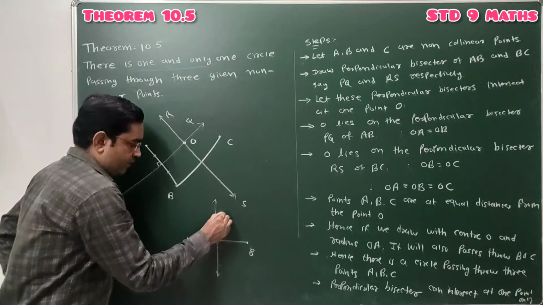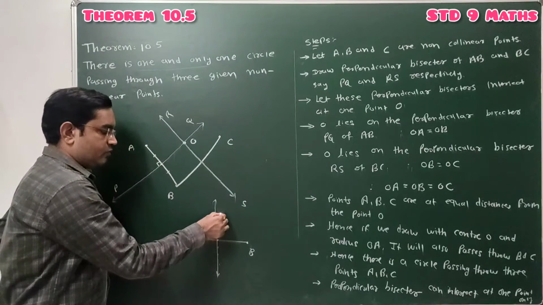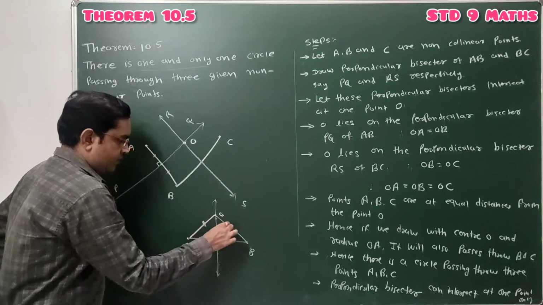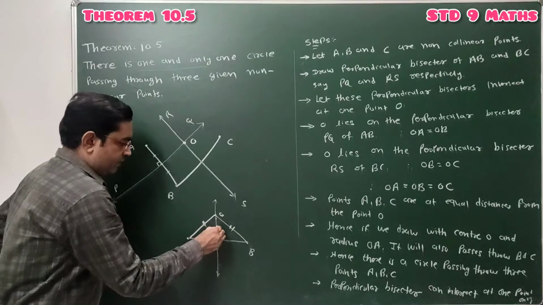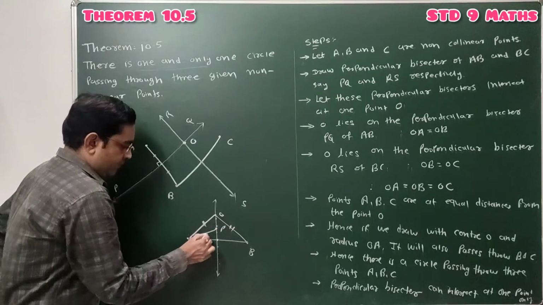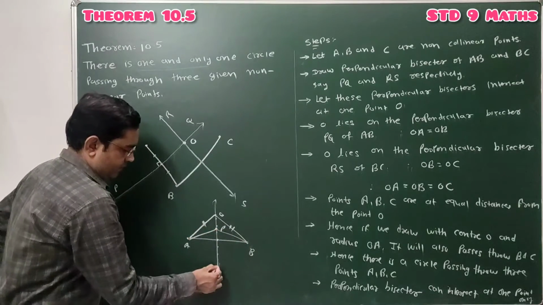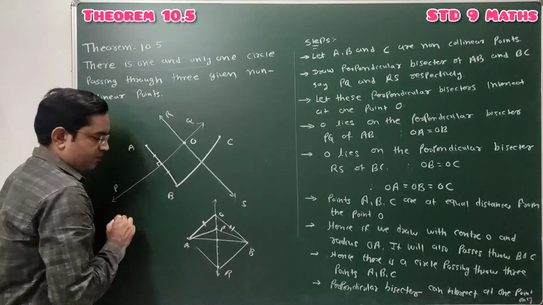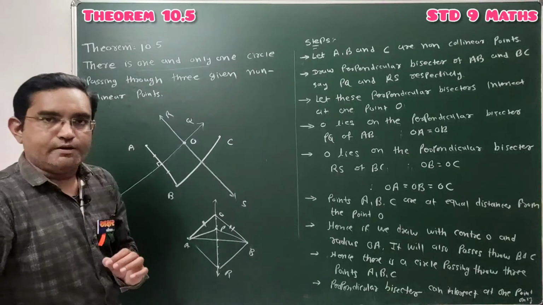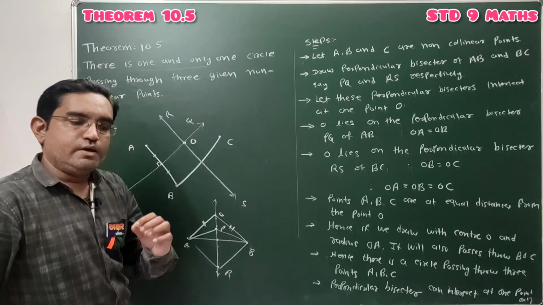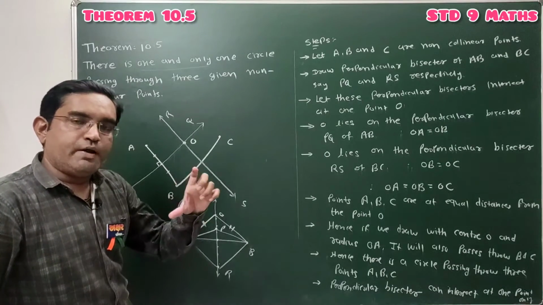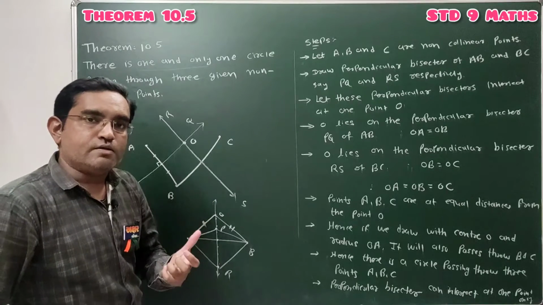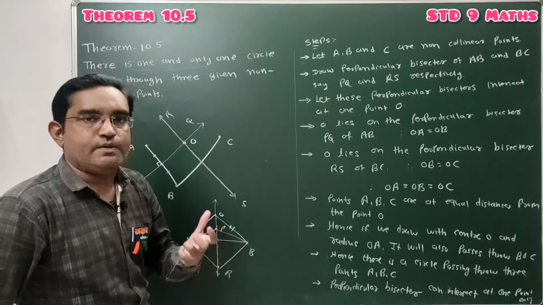If we consider one point O over here, this point O will be at equidistance from the end points A and B. If we consider one point P, it will be at equidistance from A and B. Consider one point R, it will be at equidistance from A and B. So every point on the perpendicular bisector of a line segment will be at equidistance from the end points of that line segment.